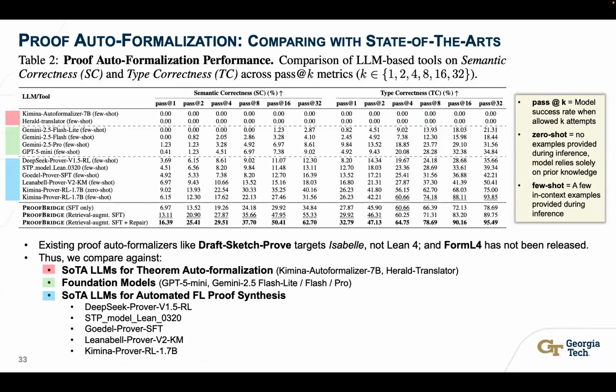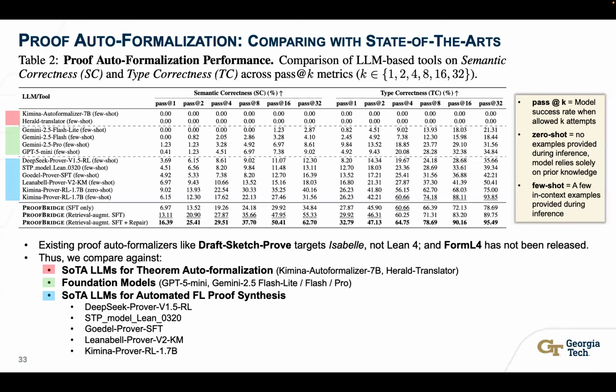We compare against Kimina, and also some foundation models like Gemini, DeepSeek, etc. We also have ablation studies with Proofbridge: supervised fine-tuning, retrieval augmented supervised fine-tuning, and retrieval augmented supervised fine-tuning with repair. Retrieval augmented is with the joint embedding, supervised fine-tuning is with the data set, and repair is performed at inference time using Lean and Gemini. Pass at 32 means you ask it to produce 32 different attempts, not just one, and it has very high accuracy on the validation side.